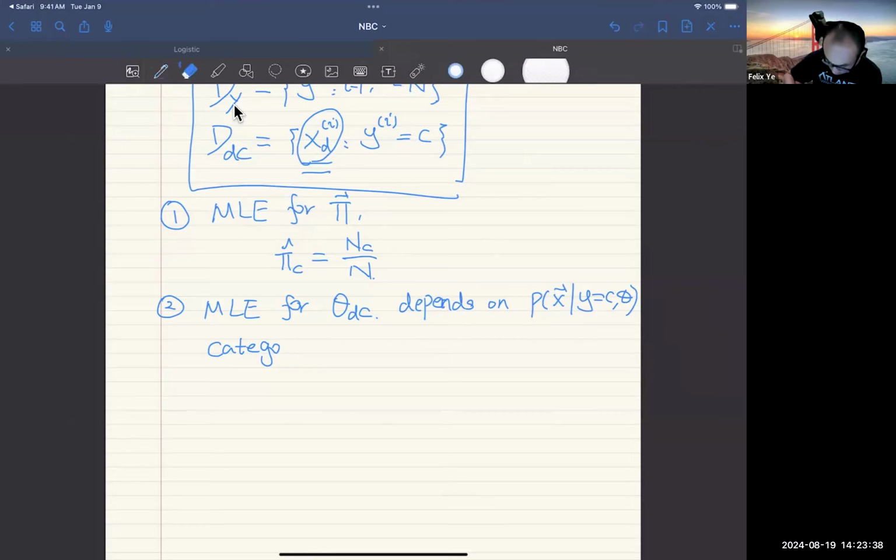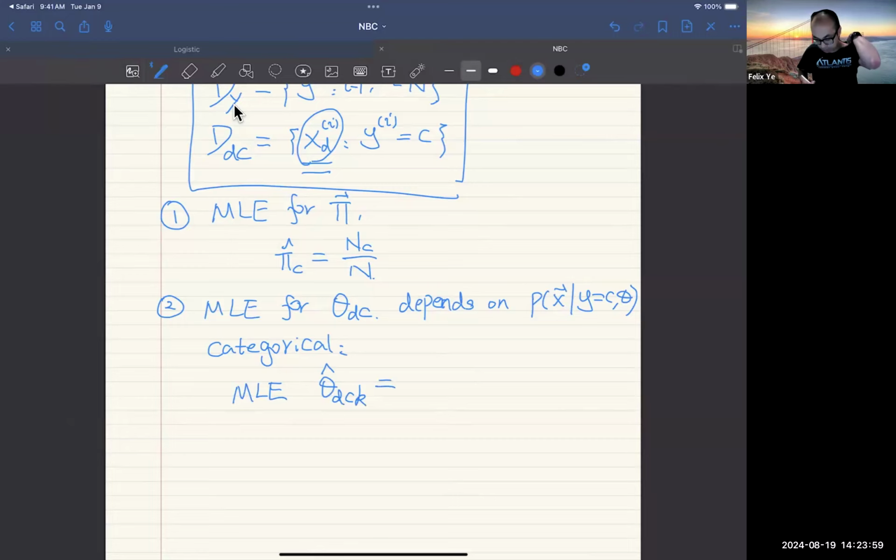In the categorical, the MLE says theta dck hat is nothing but, everything separate.